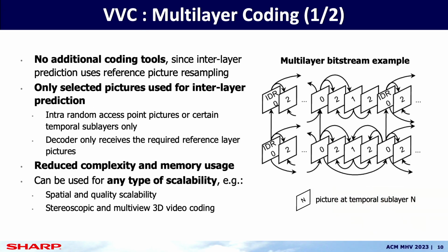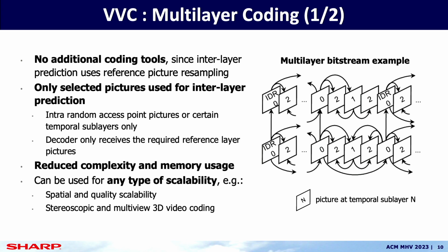For multi-layer coding, I'll try to skip this slide, just mention a couple of things. As opposed to some of the previous standards such as HEVC, where the base spec only supported single layer video, and then the scalability was built on top of it in a subsequent version, the VVC version 1 spec itself supports multi-layer coding.